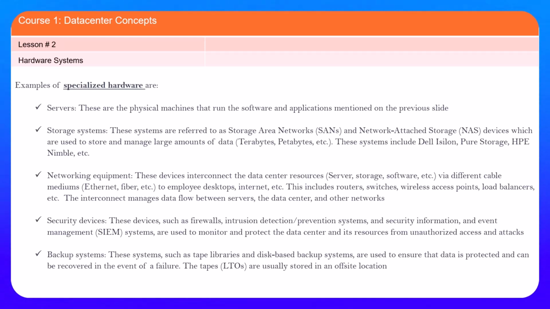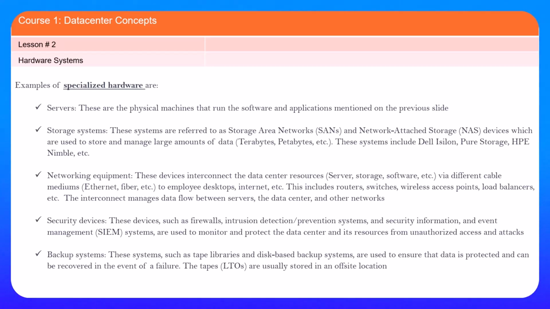And then you have your backup systems. These are systems such as tape libraries, and this system holds the backup of what you store in your software, for example your email, your business system, and so forth. This is to ensure that your data is protected and can be recovered in the event of failure.